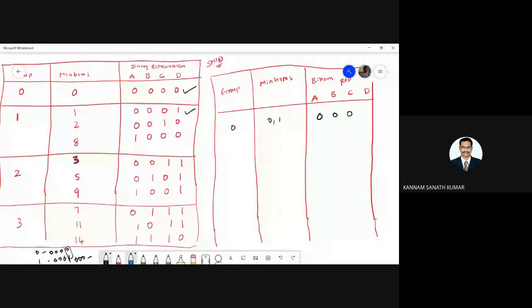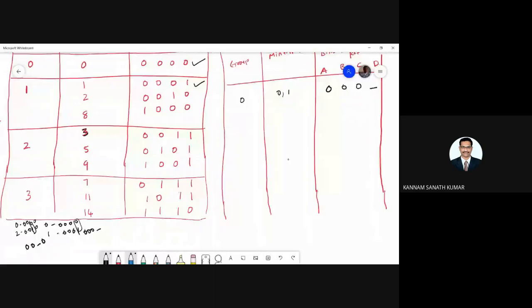Next, 0, 2. 0 is 0 0 0 0 and 2 is 0 0 1 0. Comparing, you get 0 0 dash 0.